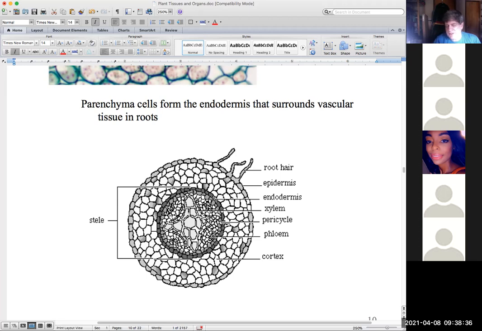So if we have cells outside the xylem and phloem, like all these little cells out here, this whole region is called the cortex. Now, it just so happens that in a dicot root, the cortex is made of parenchyma cells.